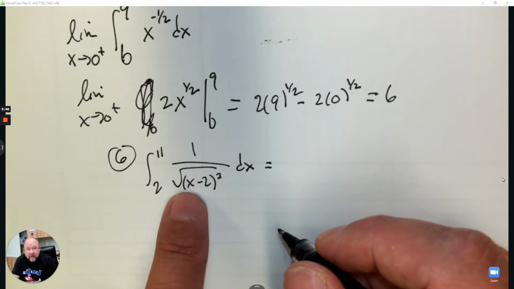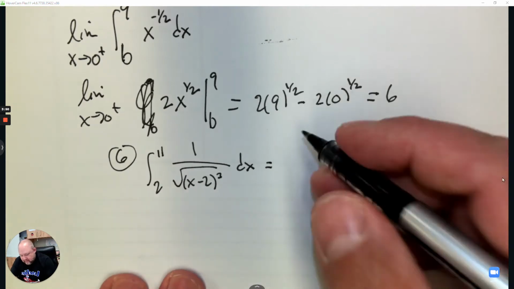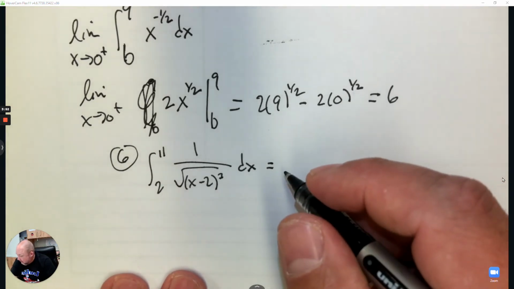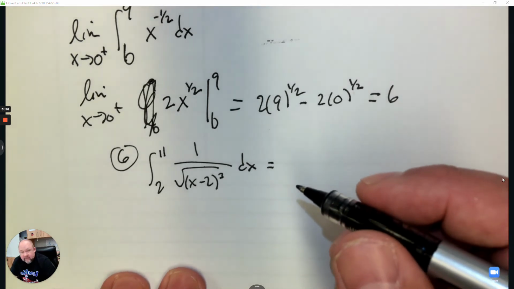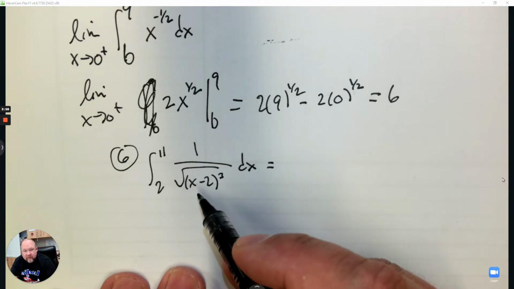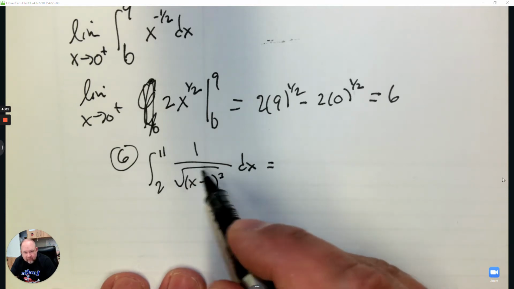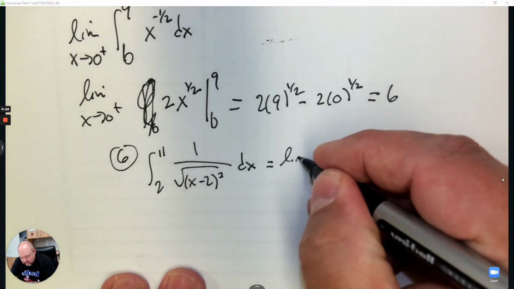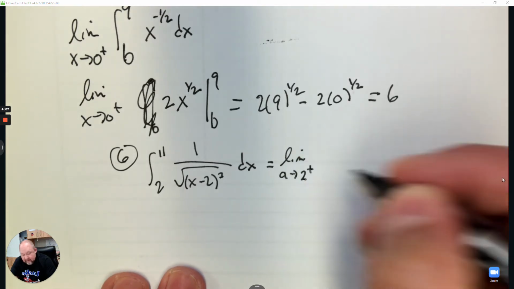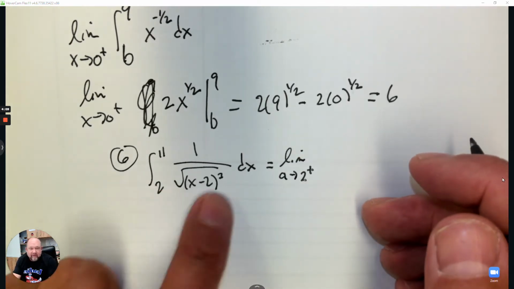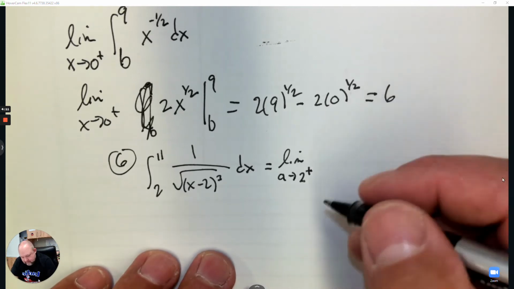At 2, there's a discontinuity, right? So we're going to set this up. Again, you can use A or B. Recognize you can't have a negative number under a square root sign, so it's really just the limit, and we'll use A or B, from 2 from the right. Because if it's from the left, that's going to create a negative value there.